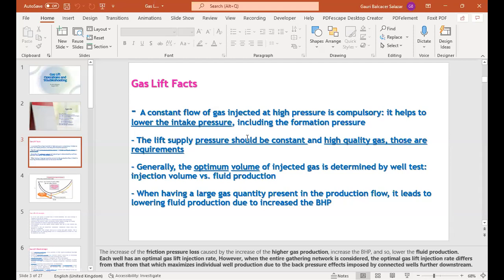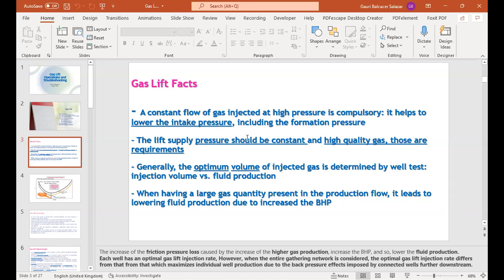We will touch on this. When having a large gas quantity present in the production flow, it leads to lowering fluid production due to the increase in the borehole pressure. The increase of the friction pressure loss caused by the higher gas production also increases the borehole pressure, which is something we are trying to avoid.